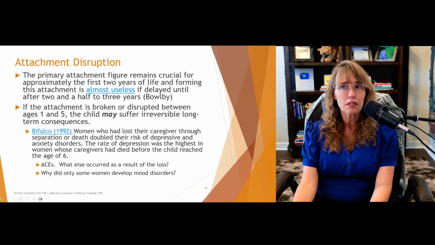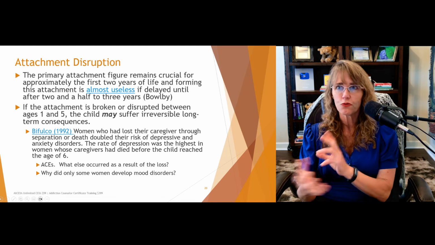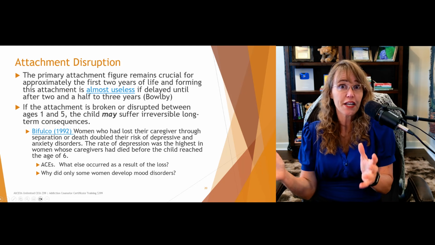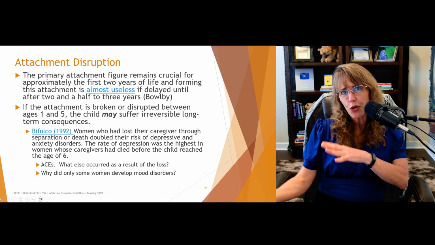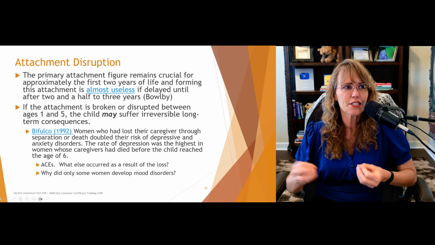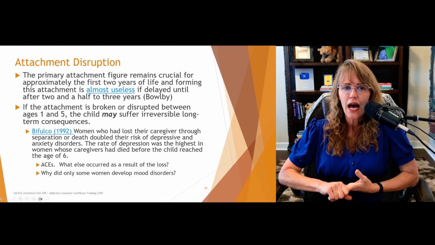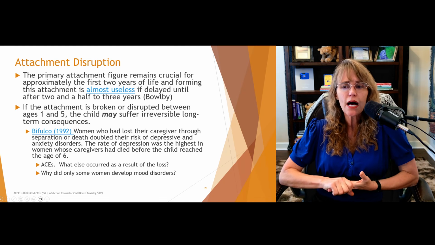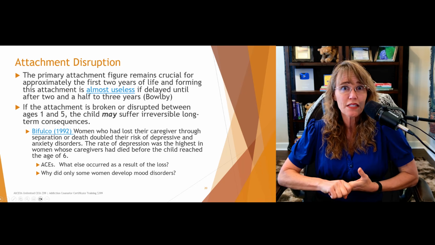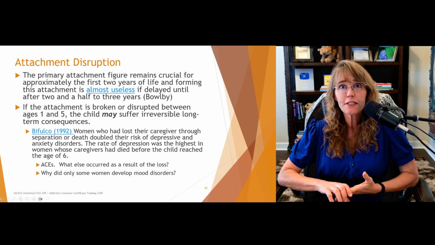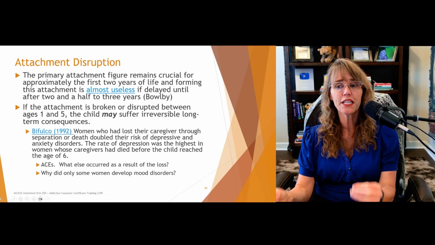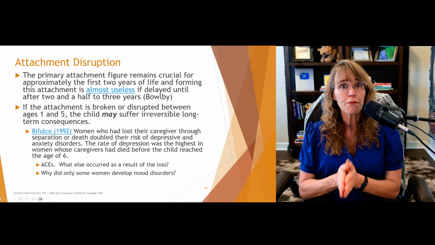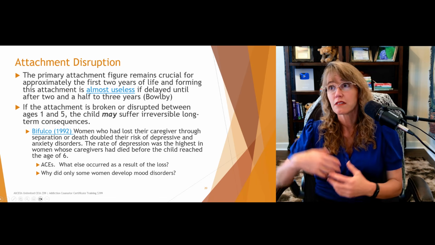Or did their life devolve into chaos for a period of time, which is even more terrifying to that child? So we've got to look and say, what else is going on? Why did only some women develop mood disorders? And there may be other things besides the environment that contributed to the development of these mood disorders later on.